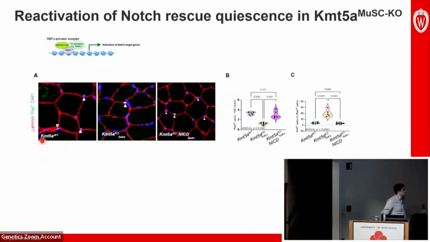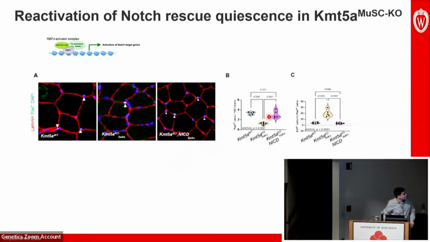You can see here the wild type, single knockout, and the double mutant that has both the KMT5A floxed, so it's a knockout in muscle stem cells only, and also the overexpression of NICD, same thing, only in PAX7 cells, muscle stem cells.